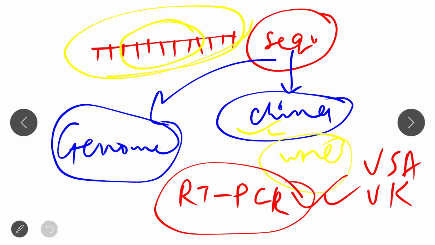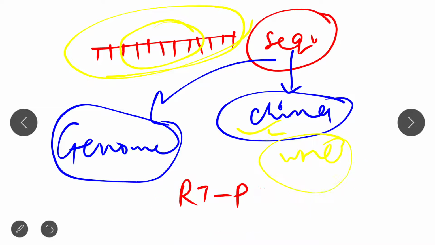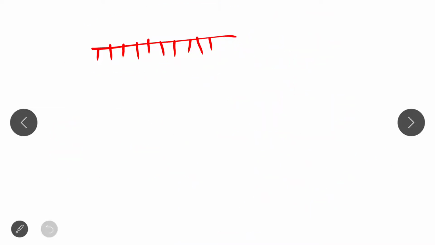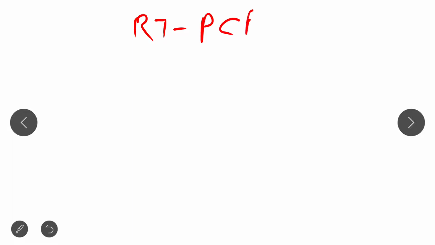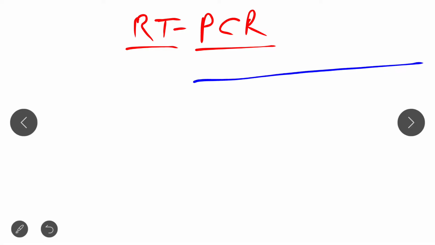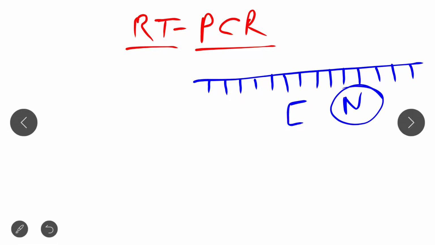Clear? Next, in this case we know the sequence, okay. Basically in this sequence of the RNA there are some genes, for example N gene, E gene, okay.